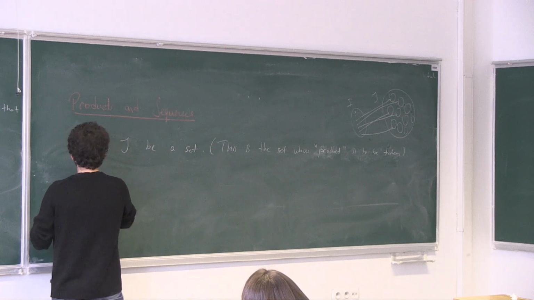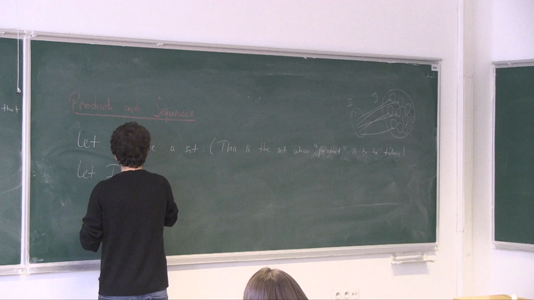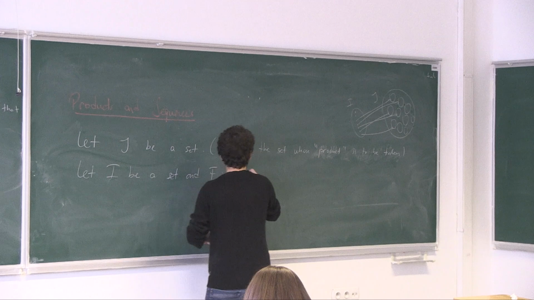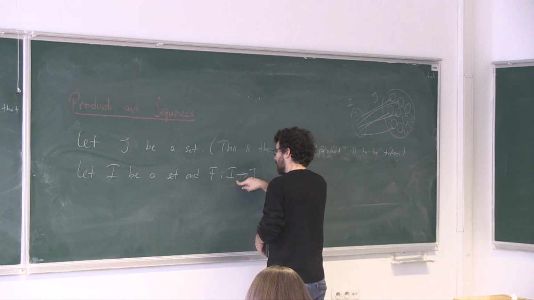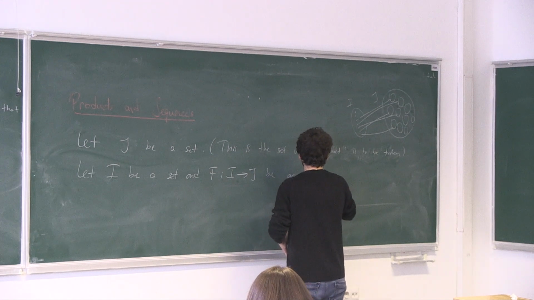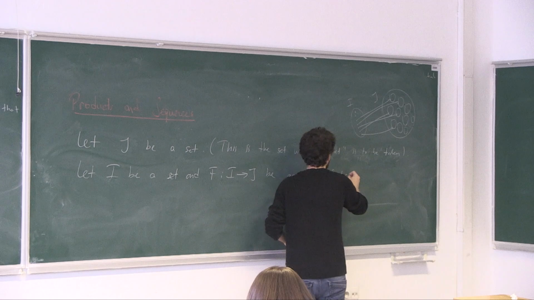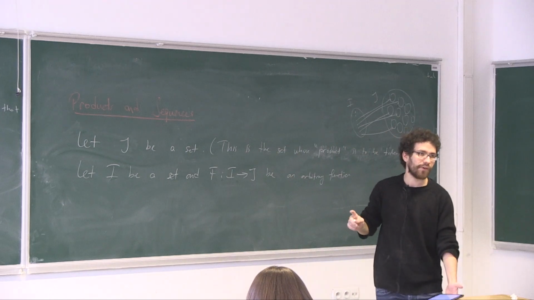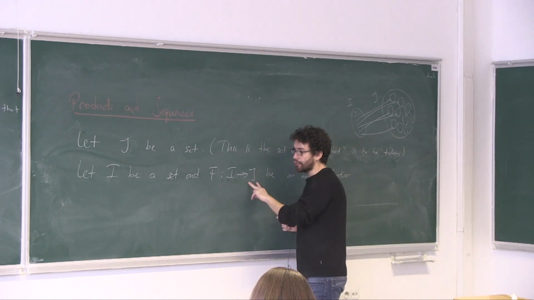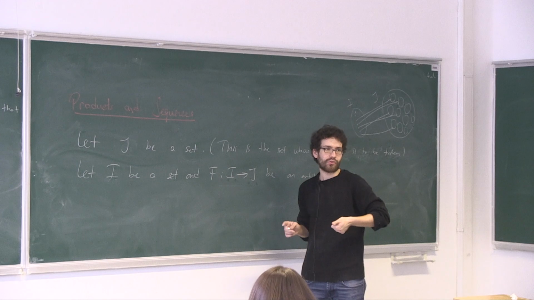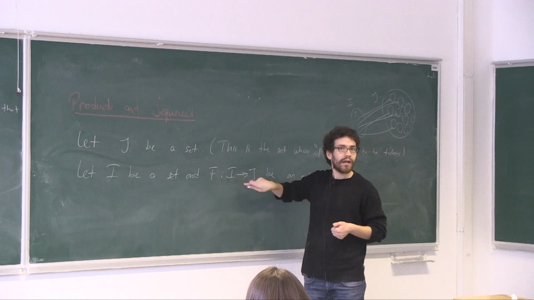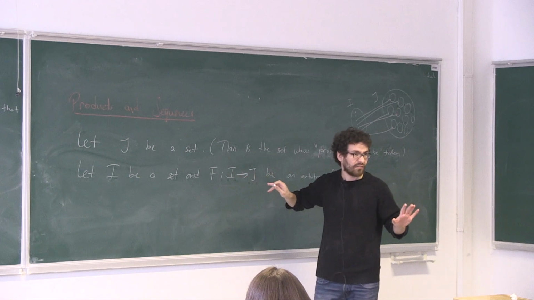So let I be a set, and let this f from I to J be an arbitrary function. Now let's recap some definitions from last time. A function is simply a well-defined relation. But when I talk about a function from I to J, I also put some extra restrictions. Namely, the domain of f is exactly I, and the range of f is a subset of J, okay?